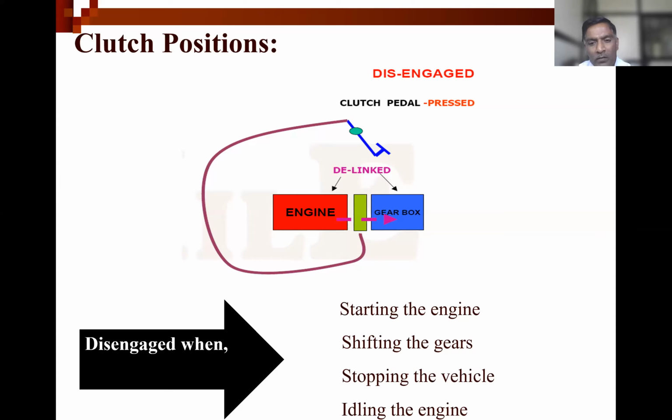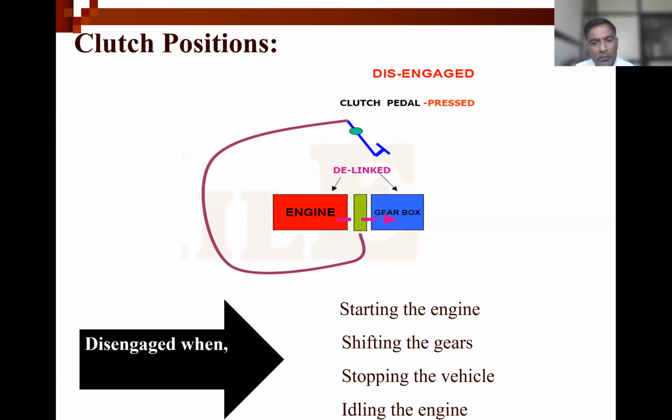So for that reason, we disengage for shifting the gear. The engine is running and we are going to shift the gear. How is it possible? By stopping the power flow from the engine to the transmission system.